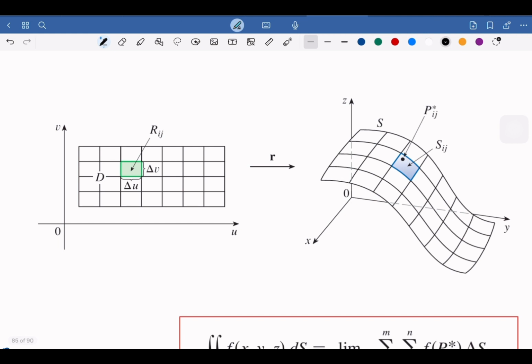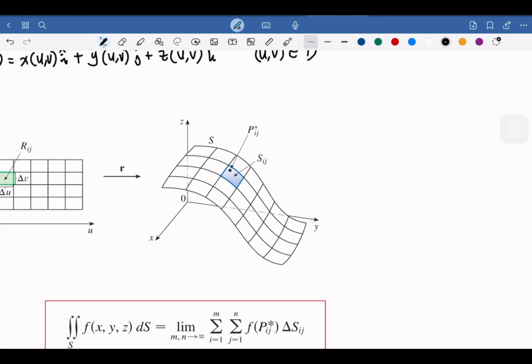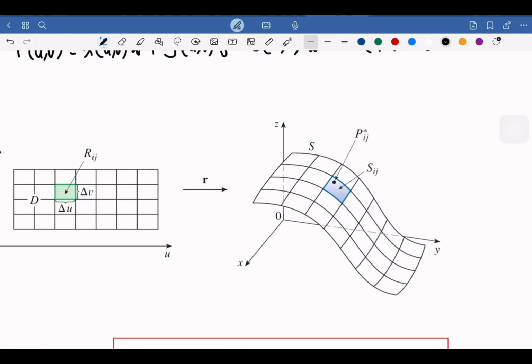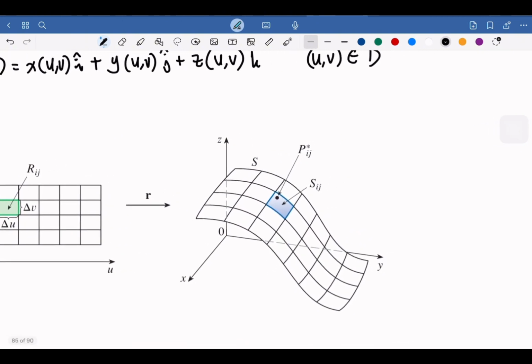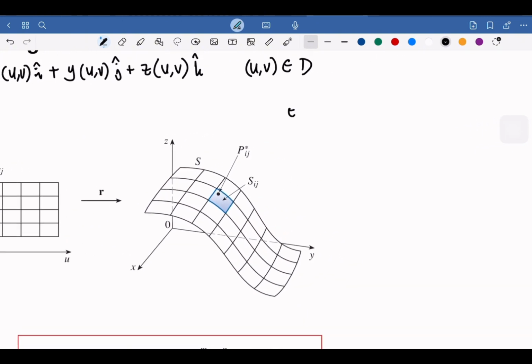Okay, and then we evaluate each one of the points here. So let's write evaluate f at the P_ij asterisk, which is this point here.